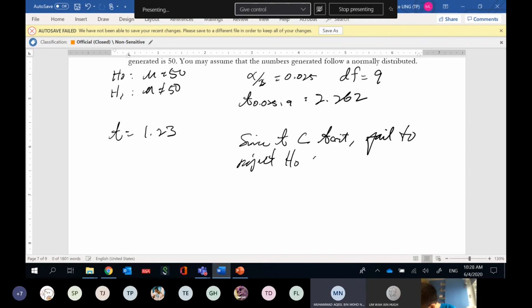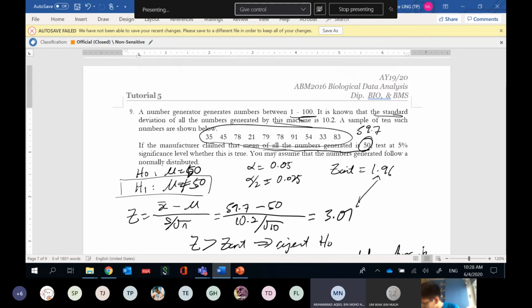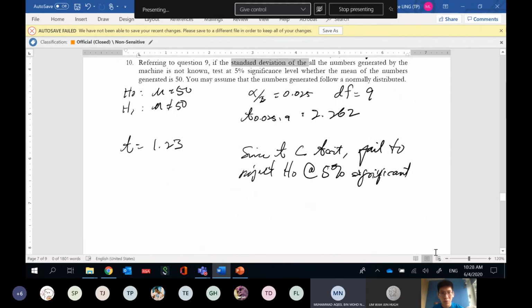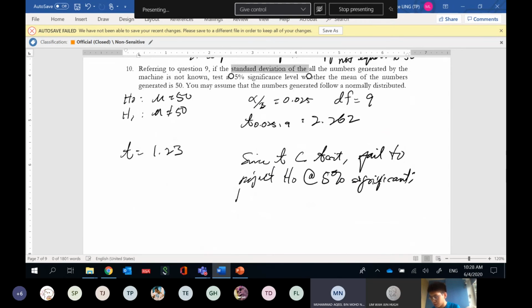Okay. So we can accept H null. So basically, the mean of all the numbers generated is 50. Yep, H null.